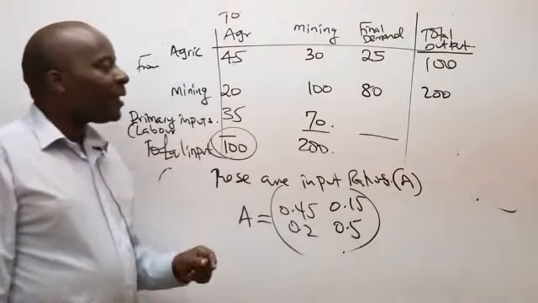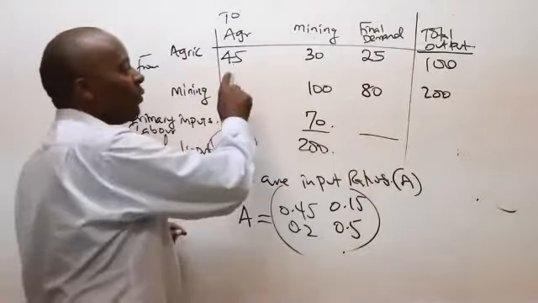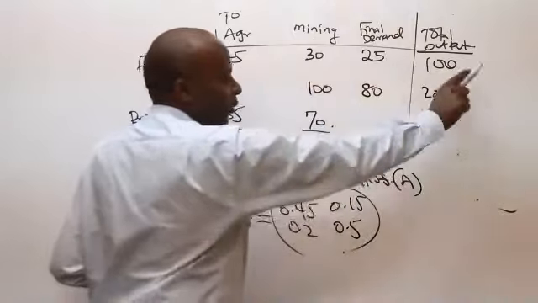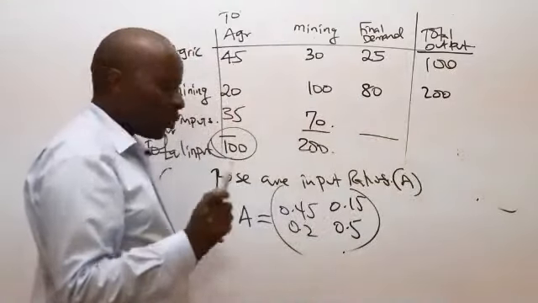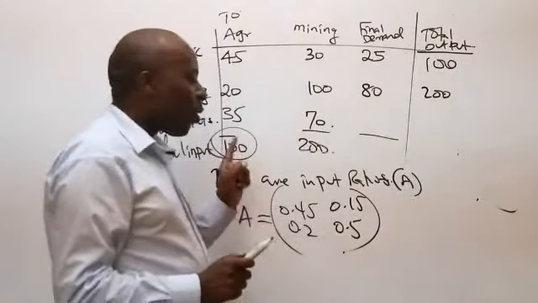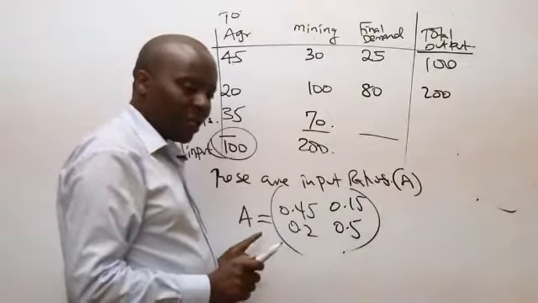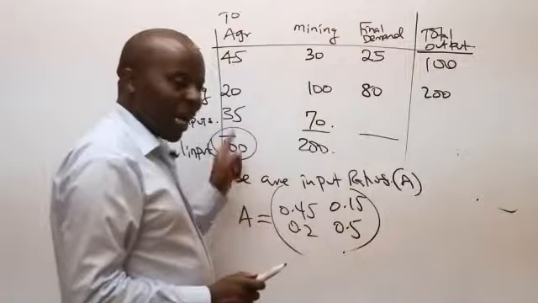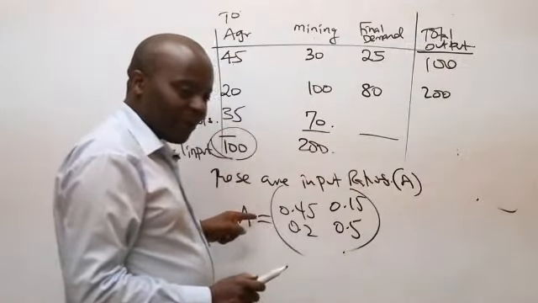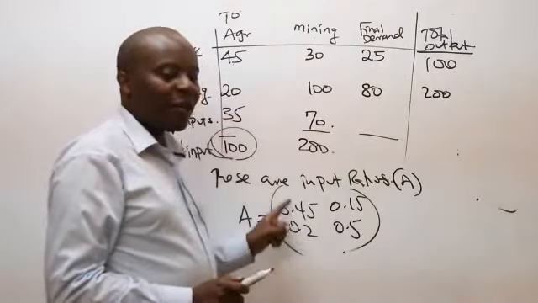So remember, for input-output ratios, these technical coefficients in matrix A are input ratios. The total input becomes our benchmark, and then we divide downwards. It has to be a square matrix.